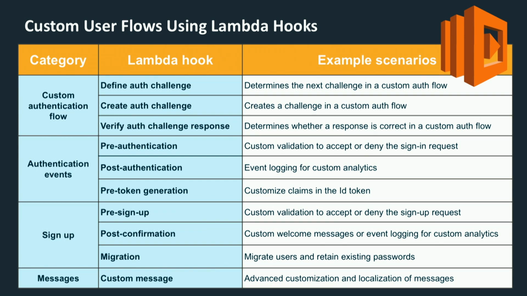Then you can hook into various events, like pre-authentication, post-authentication, and pre-token generation, and events around sign-up as well: pre-sign-up, post-confirmation, and migration, whether you're migrating users and want to retain existing passwords, and so on. And of course, custom messages that you can send out, with advanced customizations and localization for these specific messages.